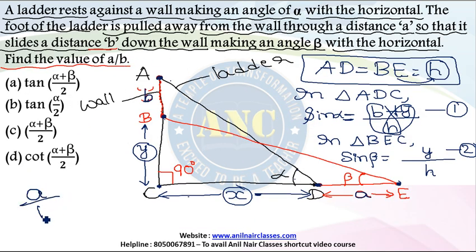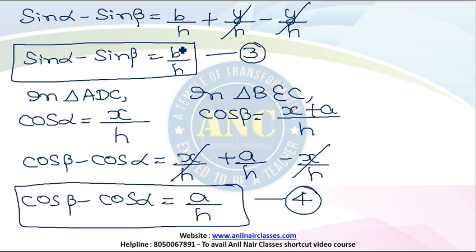Find the value of A by B. That means if I take sine alpha minus sine beta, I will get the variable B. Similarly, if I take cos alpha minus cos beta, I will definitely encounter the other variable A. Then only I can find A by B. If you take only sine alpha and sine beta, you cannot get A. Or if you take only cos alpha and cos beta, you cannot get B. I should take both cos and sine for both the triangles. This is the way you need to identify.